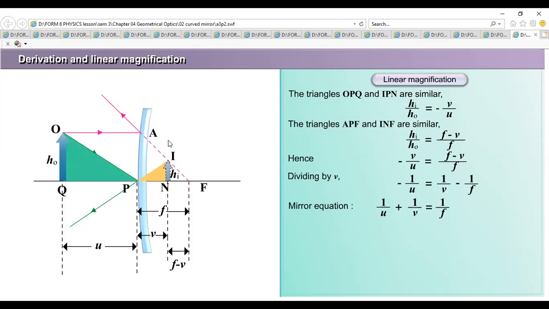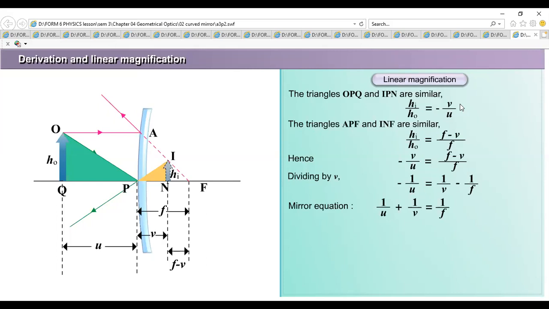Once we find the triangle OPQ, compared to the triangle IPN, the ratio height of the image divided by the height of the object equals the distance of v, image distance, divided by the object distance.